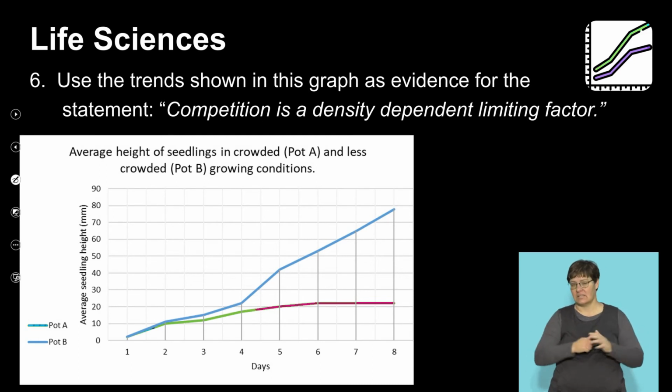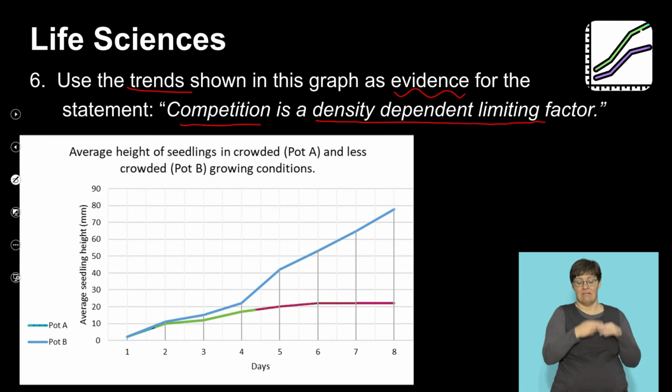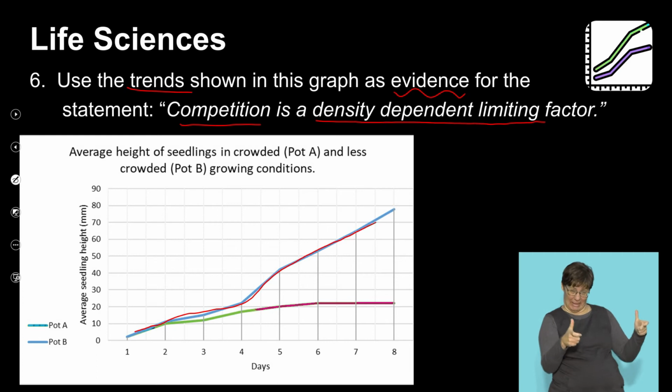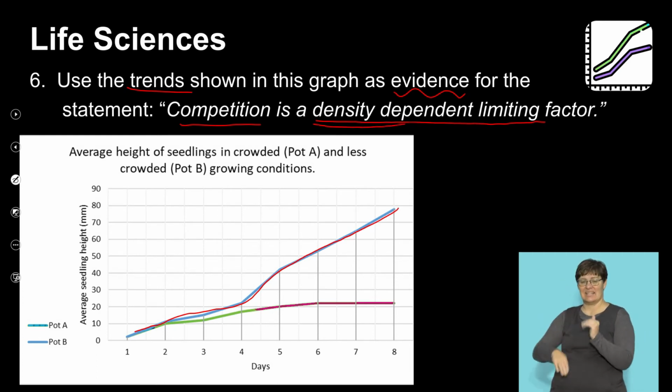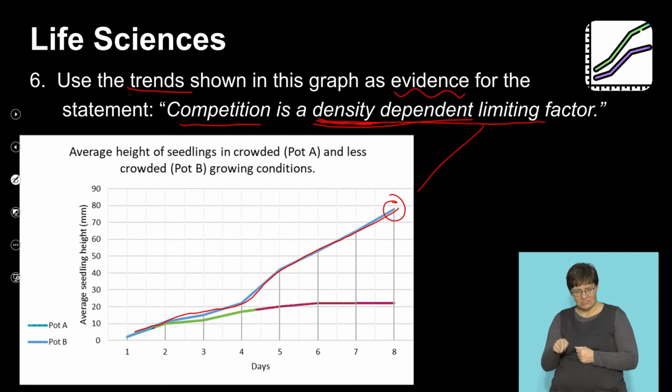Use the trends, and remember trends refer to the patterns shown in this graph, as evidence for the statement competition is a density-dependent limiting factor. So the trend shows that when there is less competition, because there's a lower density in the population, we find that our organisms can share the various different resources.